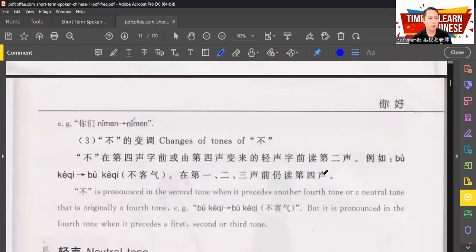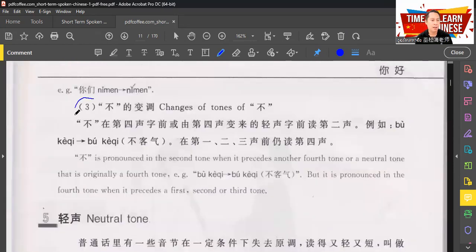Okay, we will go to the third one. We have changes of tones of this one, 不. We have two sounds of 不, 不 and 补. This one is 不, this one is 补.